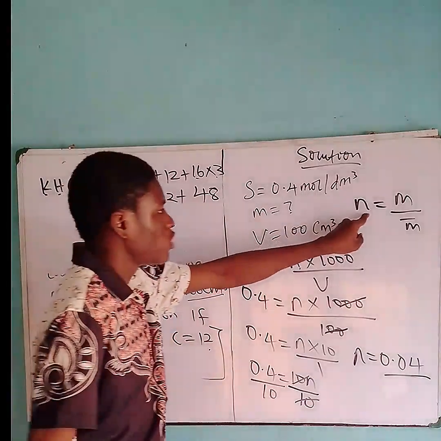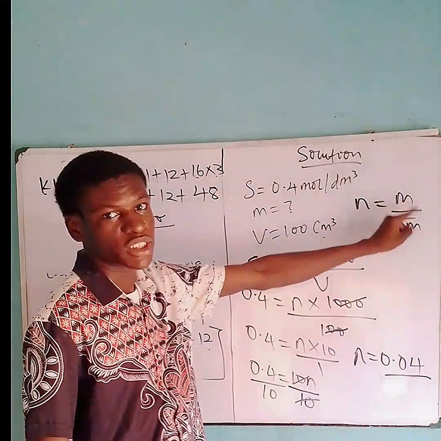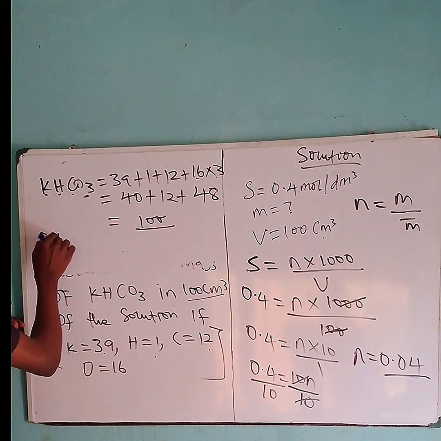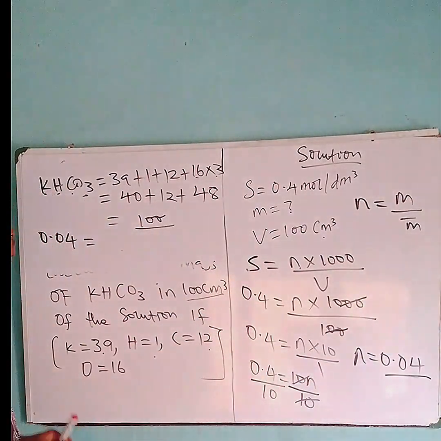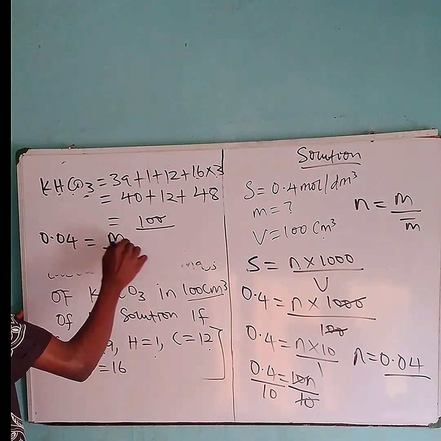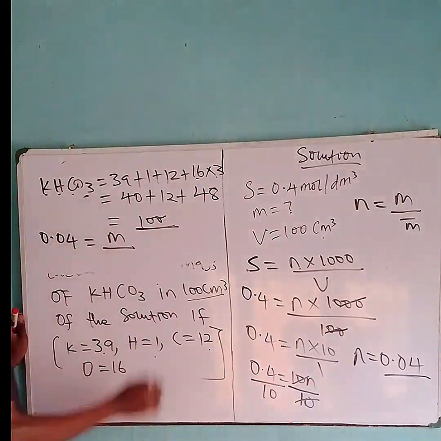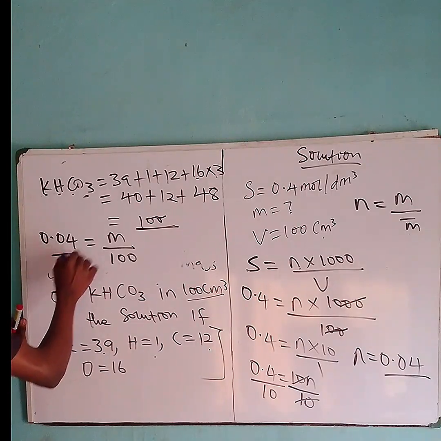Now, the mole is already 0.04. I'm looking for the mass. So therefore, I know that mole, 0.04, equals the mass, which is what I'm looking for based on the question, divided by the molar mass, which we have gotten as 100. What will I do now? Cross multiply.